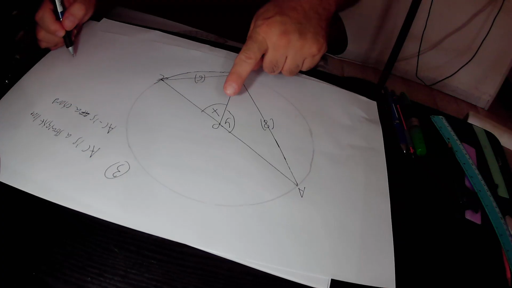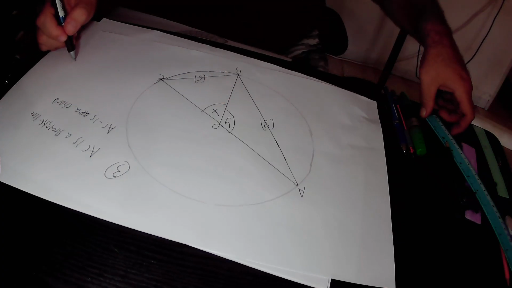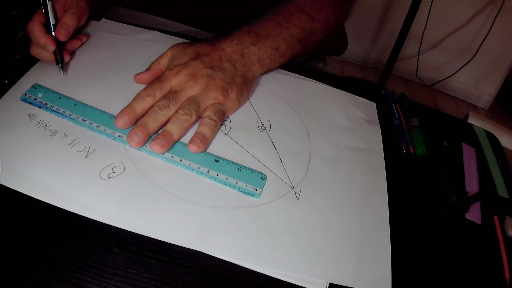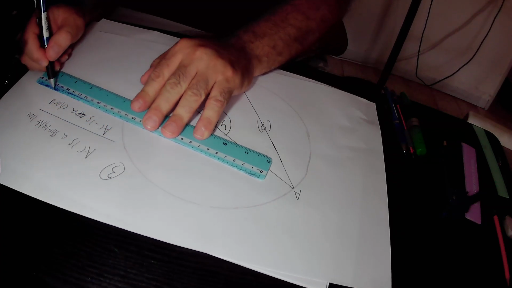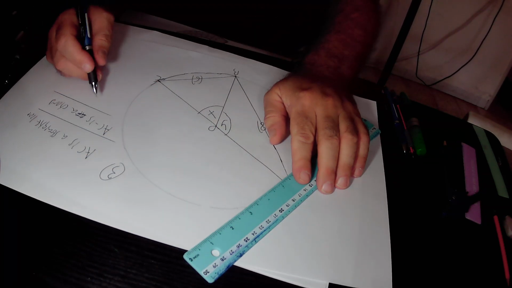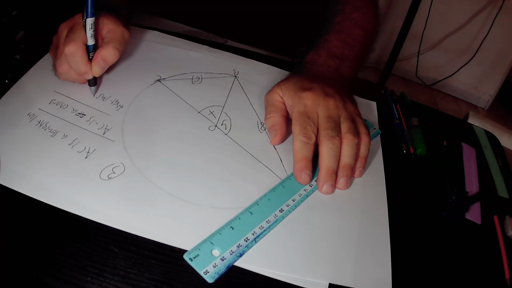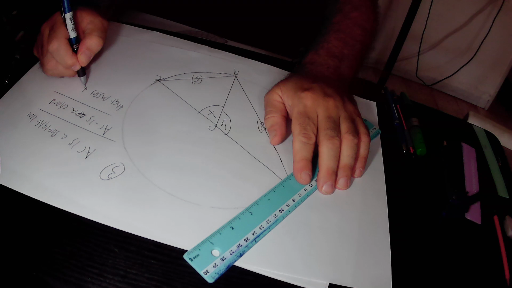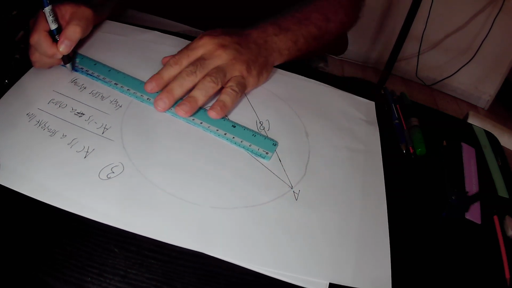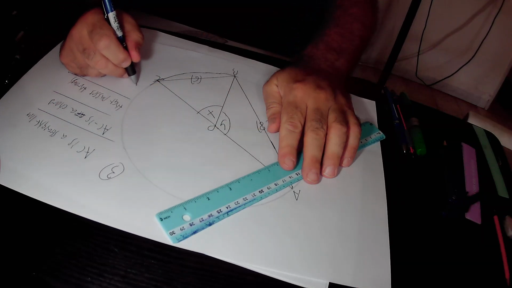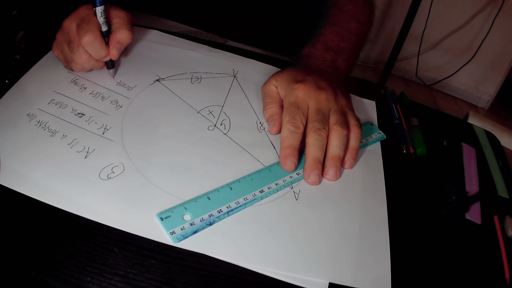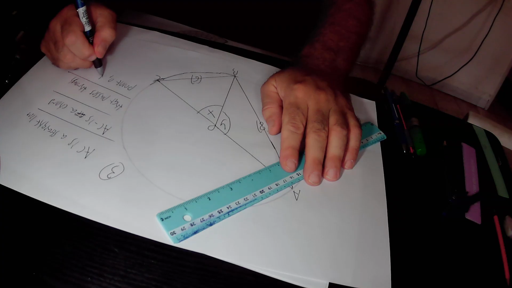AC is a chord that passes from point O, that is the center of the circle.